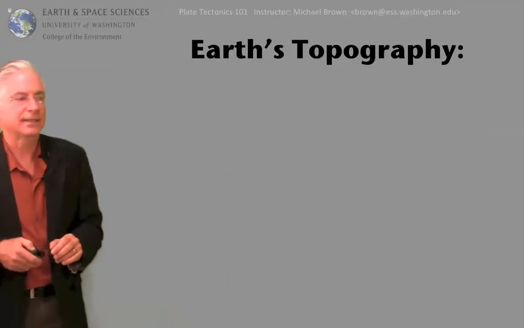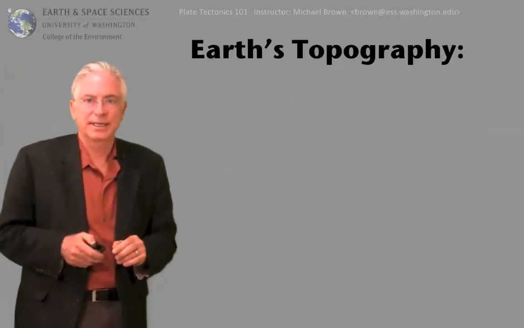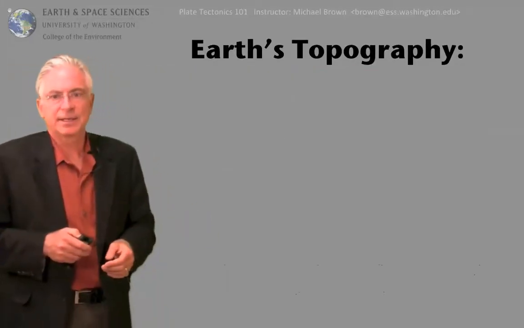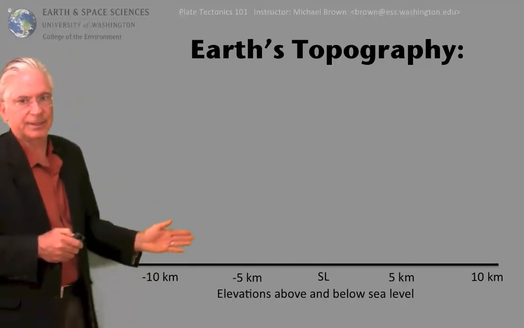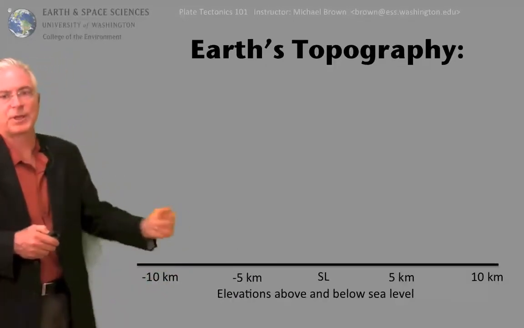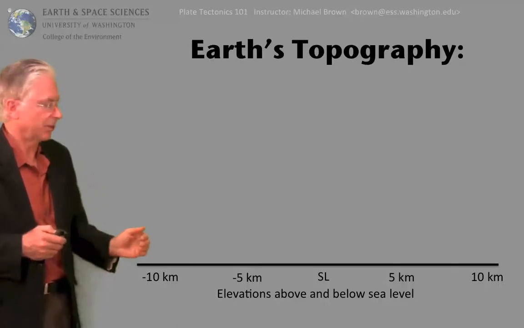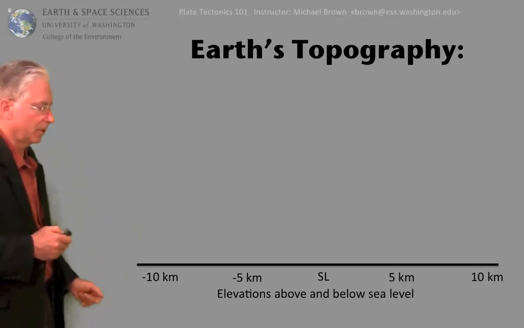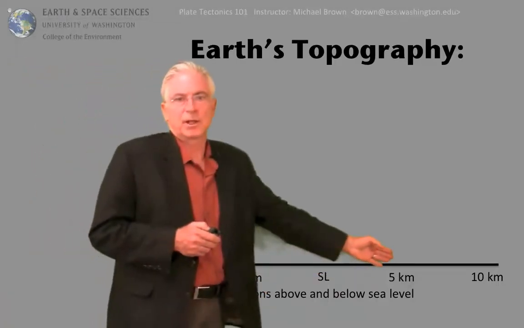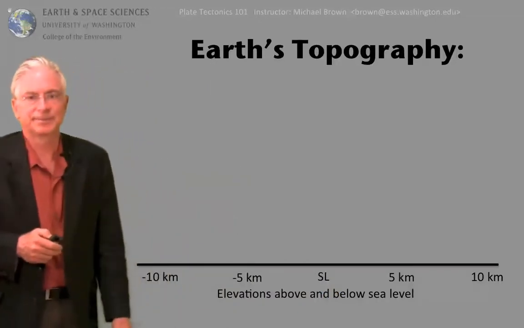I can turn that into a quantitative plot, and what I have here is a line with the horizontal axis being elevations going from 10 kilometers below sea level to 10 kilometers above sea level.